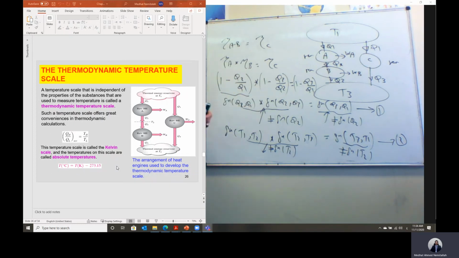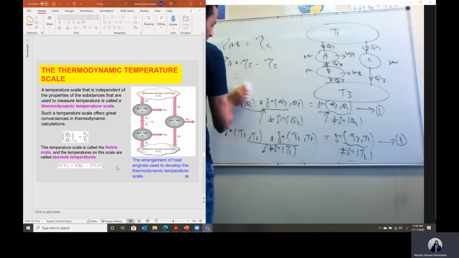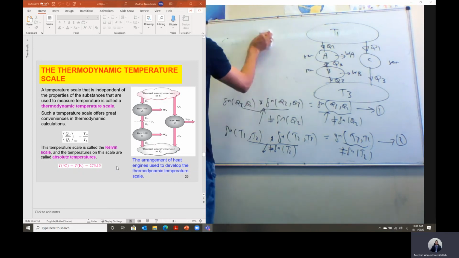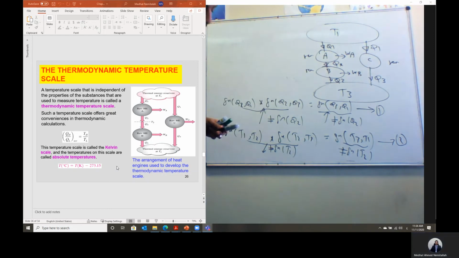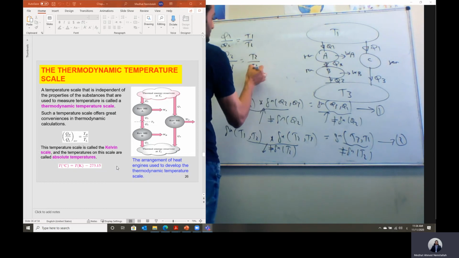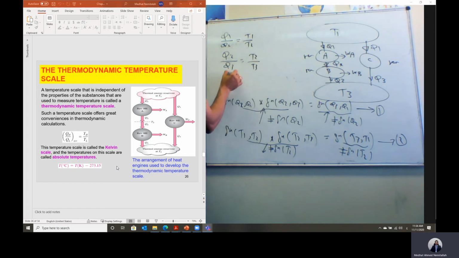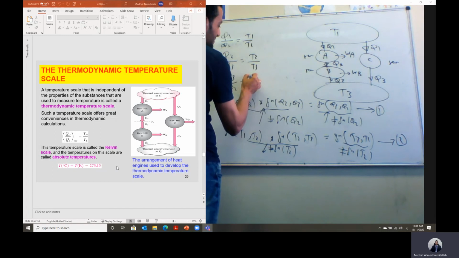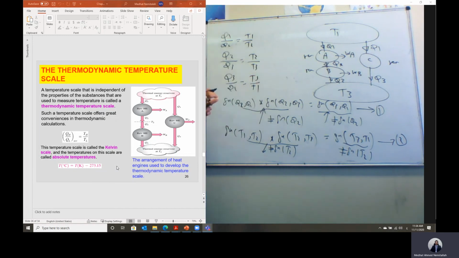They cannot be achieved mathematically unless the ratio Q1 over Q2 is the same as T1 over T2. And also, it cannot be achieved unless Q2 over Q3 is the same as T2 over T3. And also Q3 over Q1 is the same as T3 over T1.